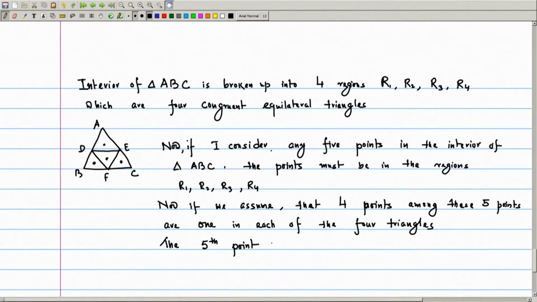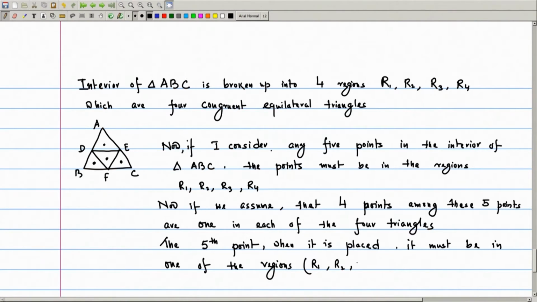So, the fifth point, when it is placed, must be in one of the regions R1, R2, R3 or R4.